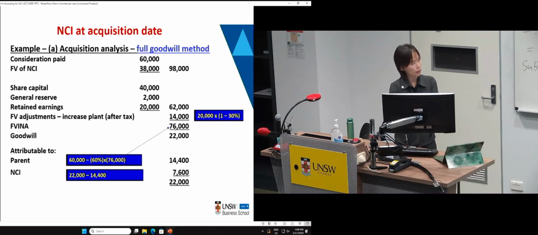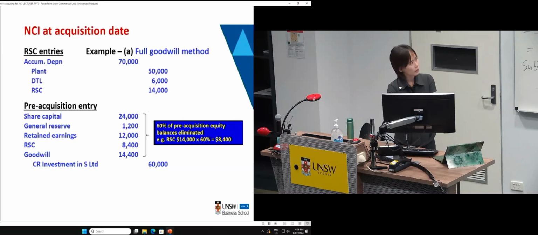The difference represents the goodwill purchased by the parent entity. Subtracting this from the total goodwill, you will get the NCI share of the goodwill, which is recognized in the step 1 NCI entry. Now this is our acquisition analysis. So any questions, feel free to ask.